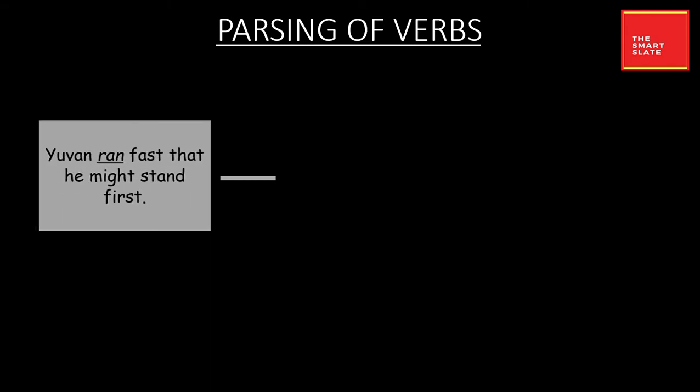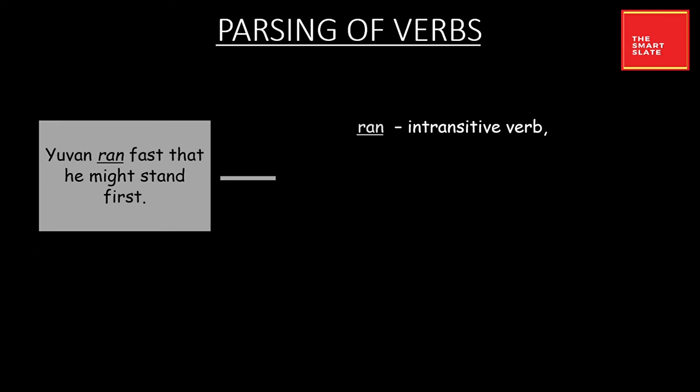Yuan ran fast, that he might stand for first. So in this particular sentence, ran is your verb. We all know, it is an intransitive verb because there is no object. If there is an object, it's a transitive verb. Even parsing is itself an intransitive verb.